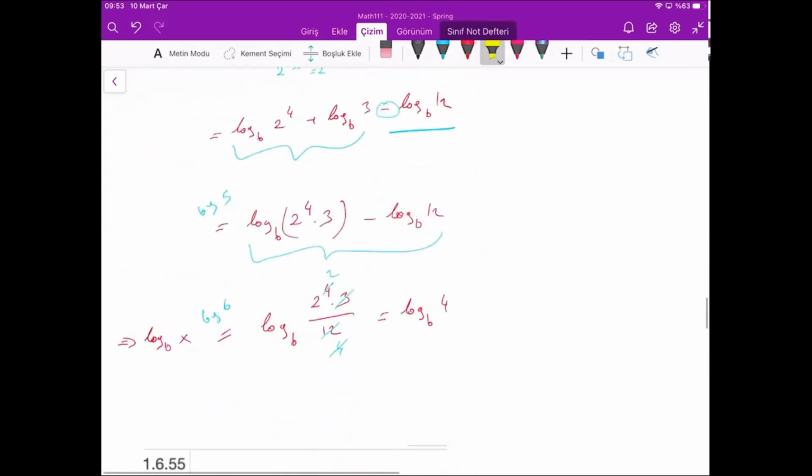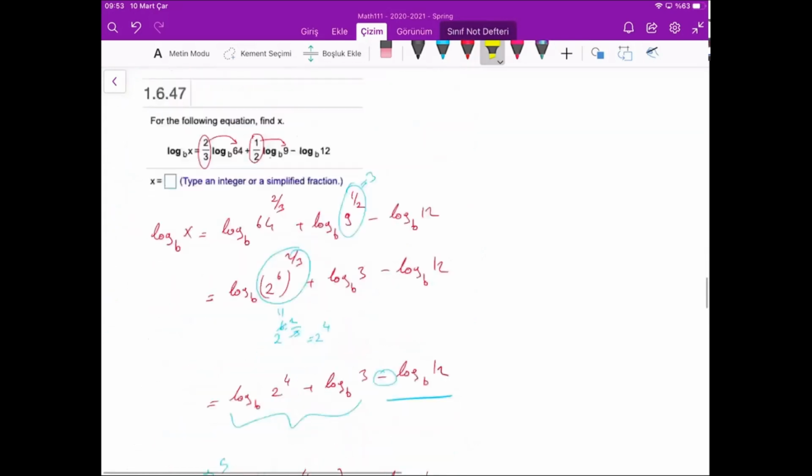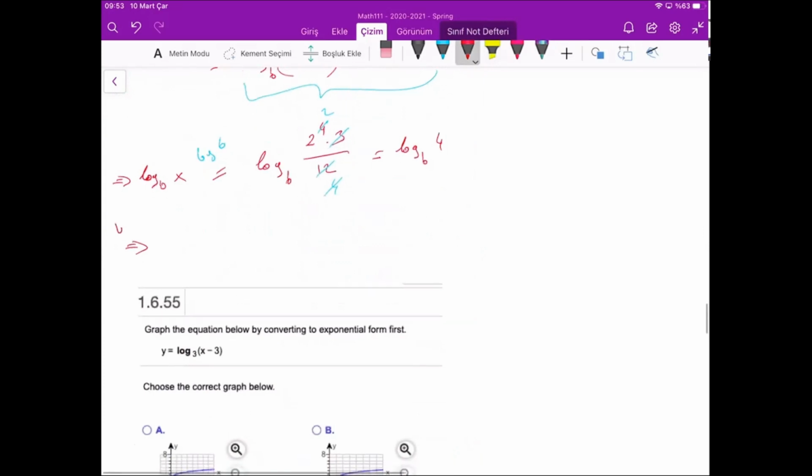Which property number is this? By property 8, x equals 4 because the bases are the same. So x equals 4. This is our answer.